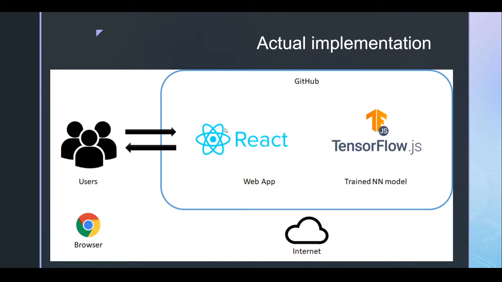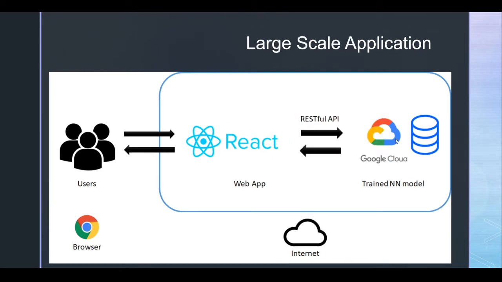So we are still using the React library to make the UI, the front-end application. And we are also using TensorFlow. TensorFlow could still be used in the part of Google Cloud, let's say.